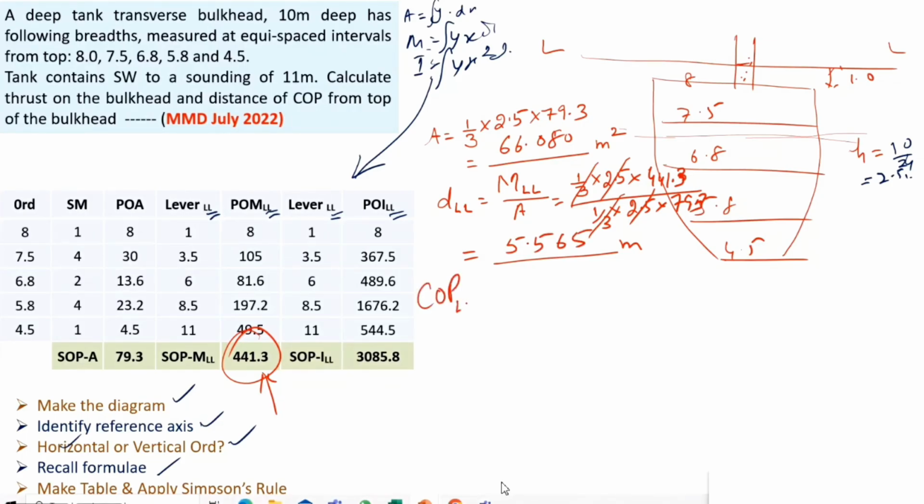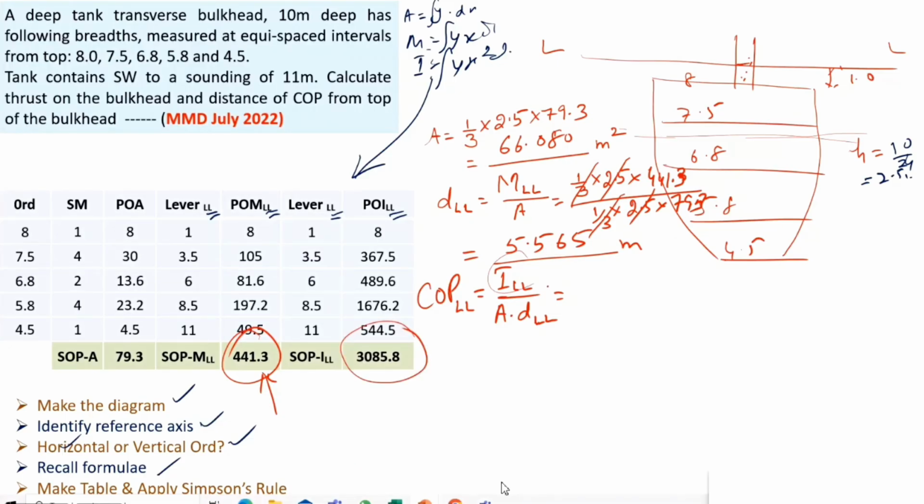Now we come to COPLL. Again, the formula will not give us the distance from the top, which the question wants. It will give us from the liquid level only. COPLL will be equal to ILL upon area into DLL. You have the area 66.080, you have the DLL 5.565, and for ILL you have the SOP inertia.